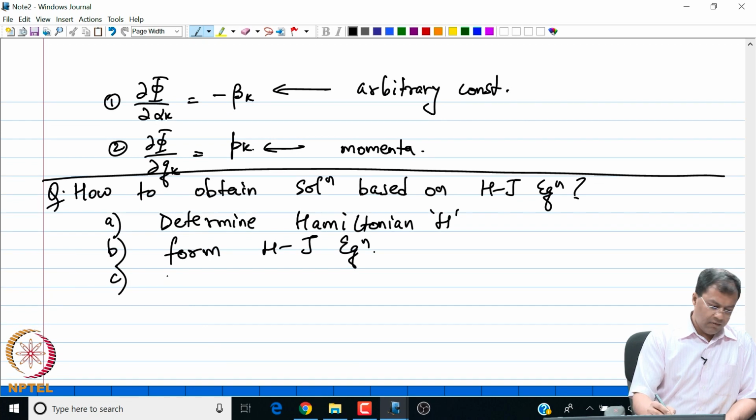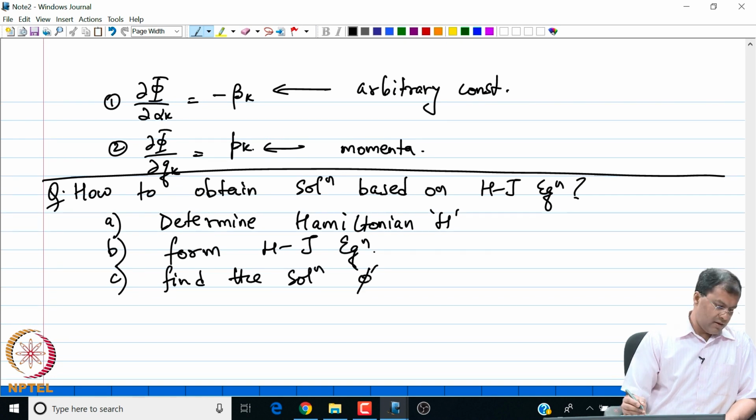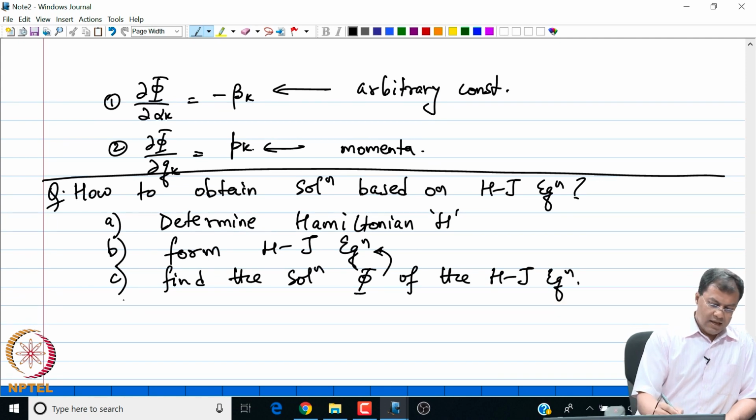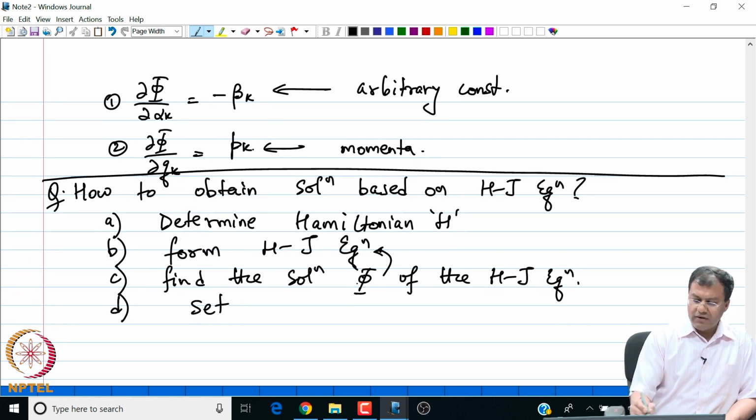The third step is we find the complete solution phi of the Hamilton-Jacobi equation, not phi prime but phi, which is the generating function of the H-J equation.